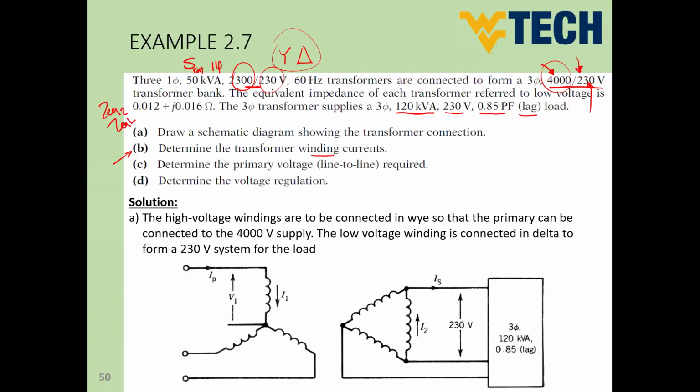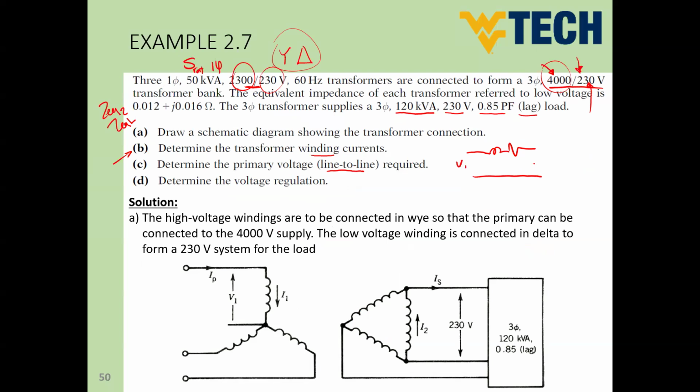Part C, determine the primary voltage line to line. So we need to get the line to line voltage of the primary side. If we draw the equivalent circuit of a single phase transformer, this is the equivalent impedance, neglecting the branch of magnetization.